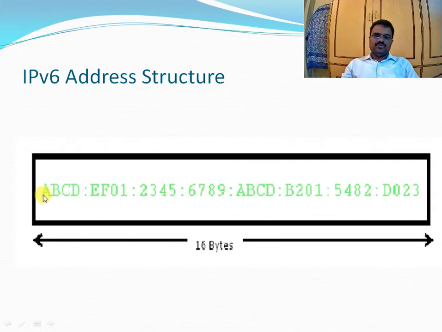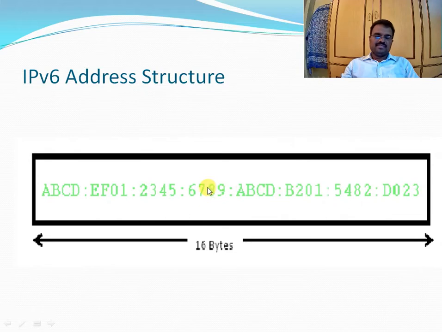So there are 8 groups: 1, 2, 3, 4, 5, 6, 7, 8, and these are separated with the help of colons. This is called colon hexadecimal representation.